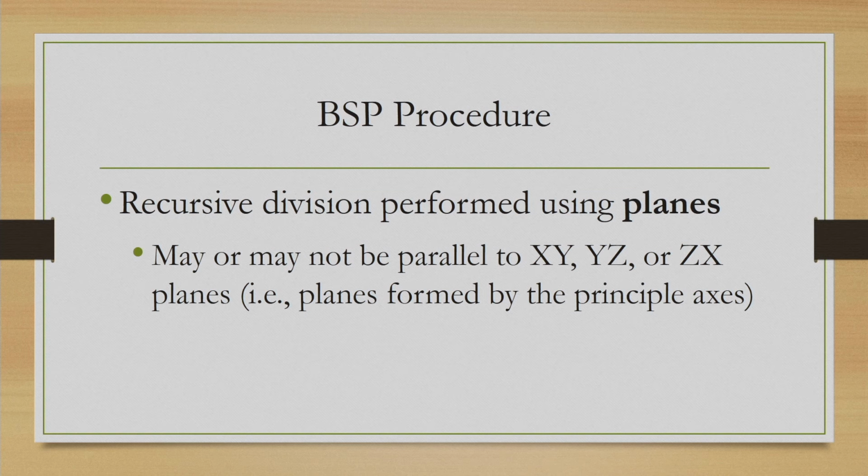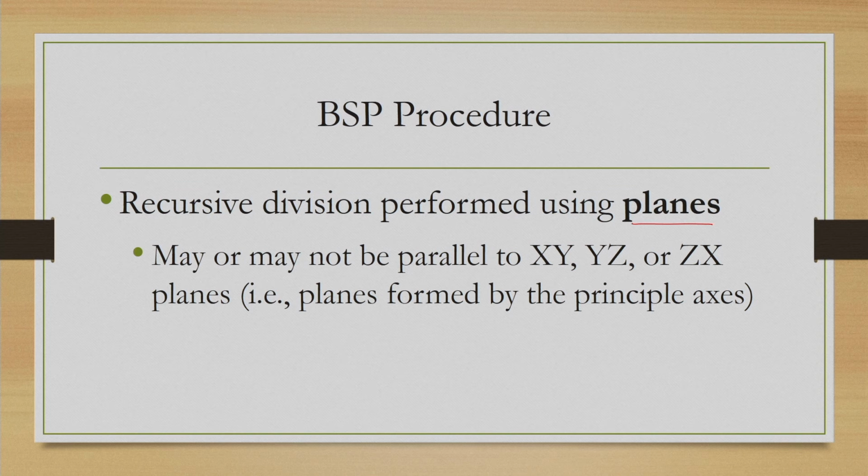Now, how do we divide? We use planes. So, we are given a region, we assume planes are available to divide the region into subregions, but these planes need not be parallel to the planes formed by the axes x y, y z or z x.